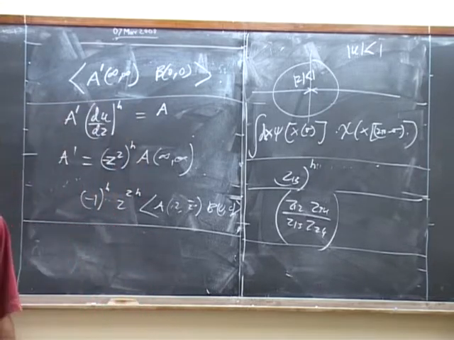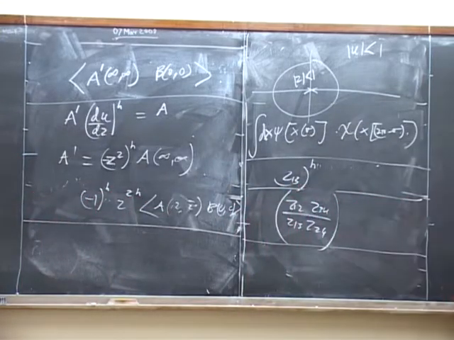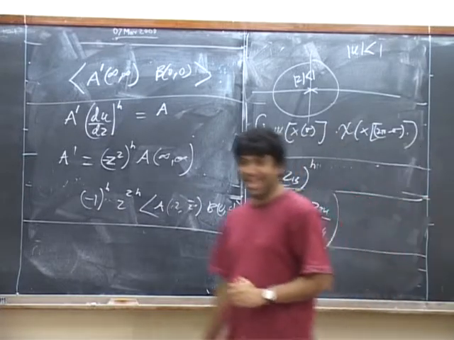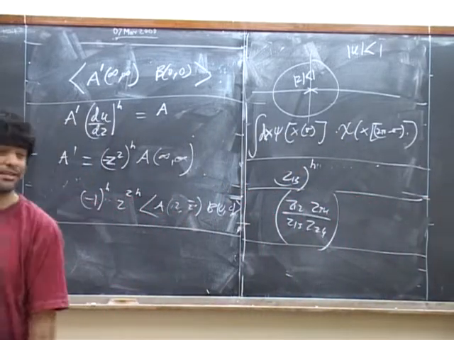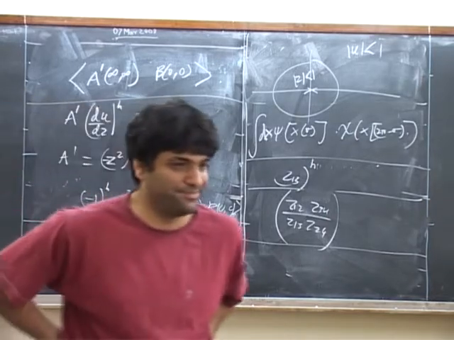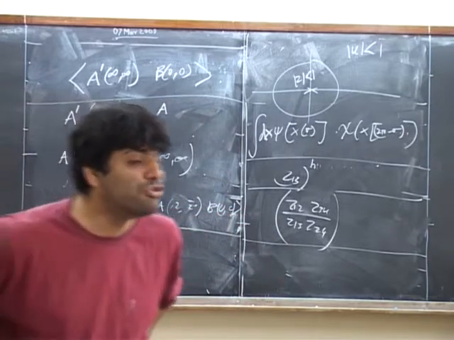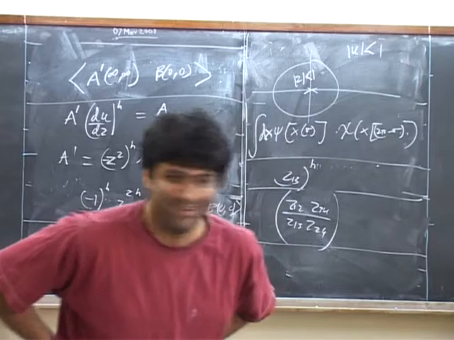You might be tempted to first guess that this should be thought of as an inner product between the two states. But it can't quite be an inner product. Can somebody tell me why? It can't quite be the usual quantum mechanical inner product. Why?